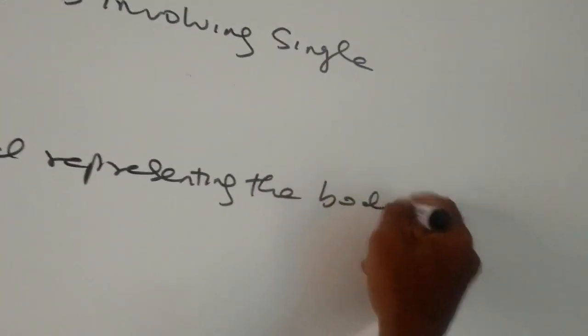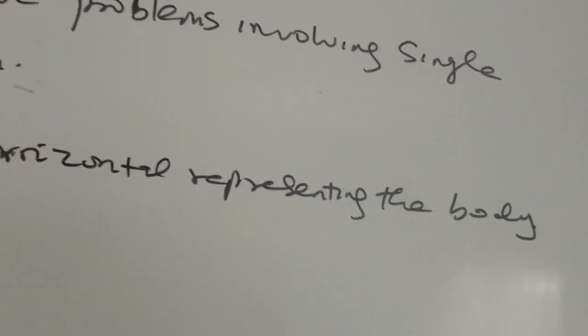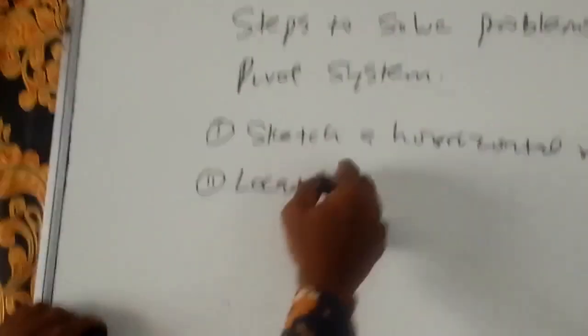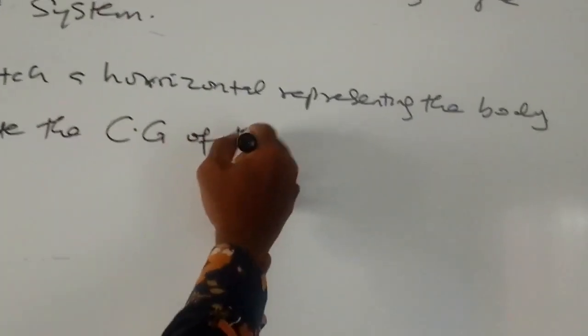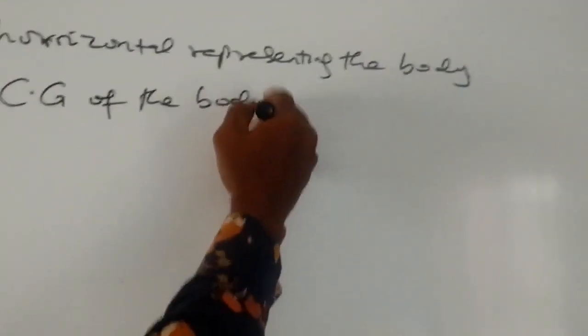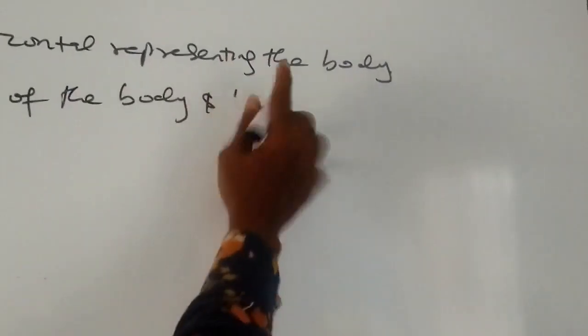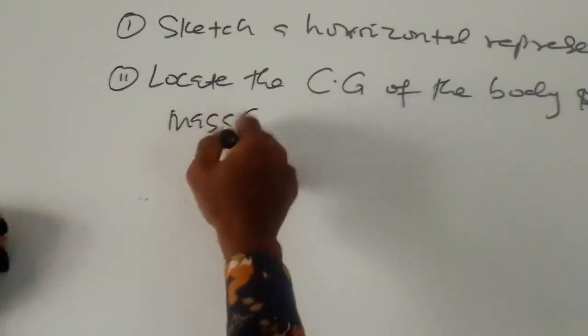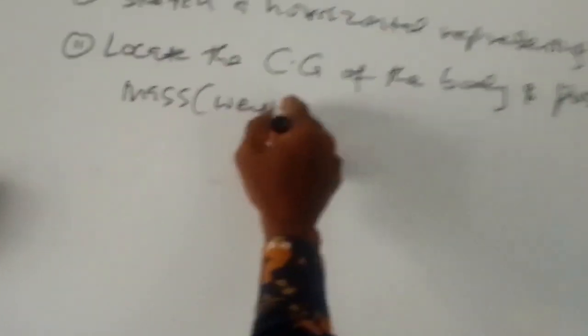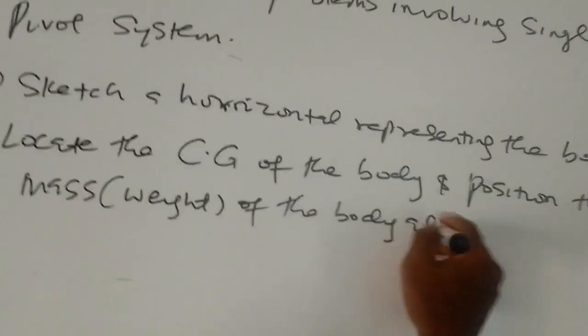The second one is to locate the center of gravity of the body and position the mass or weight of the body at this point.